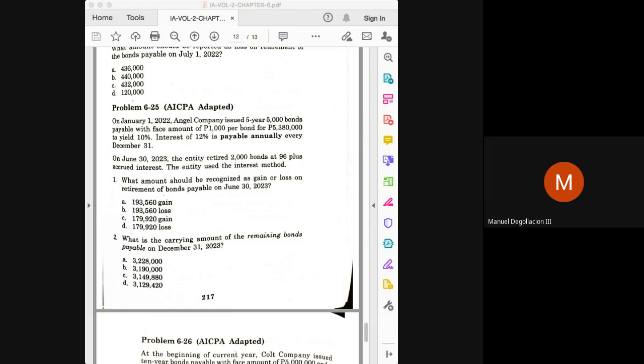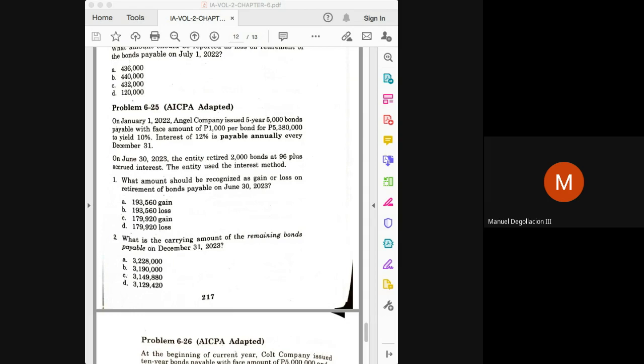Our interest expense was only 106,360, so there will be an amortization on the premium on this portion amounting to 13,640. That is the difference between the accrued interest of 120,000 and the interest expense of 106,360. And then we deduct this 13,640 from the premium on this 2 million bond.